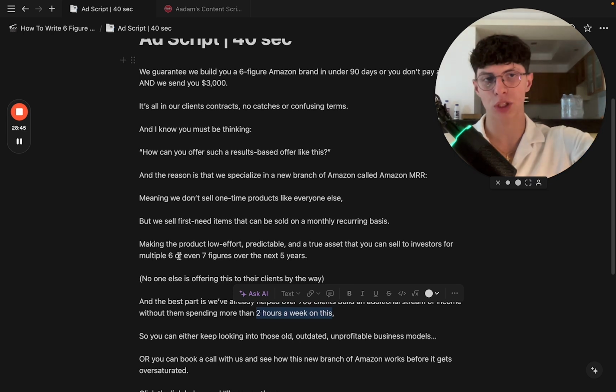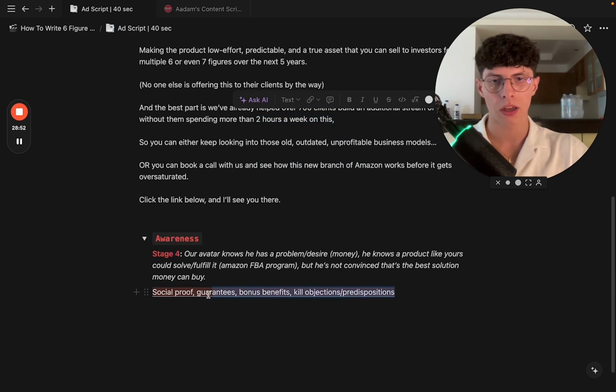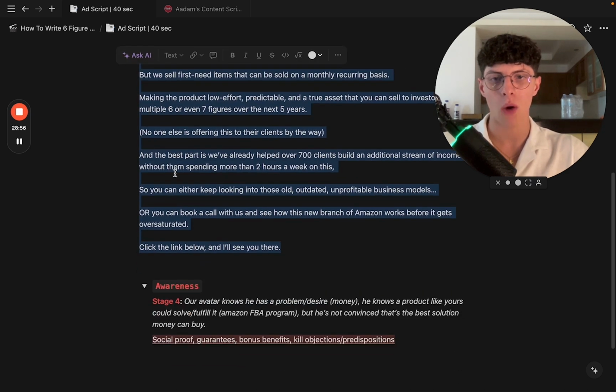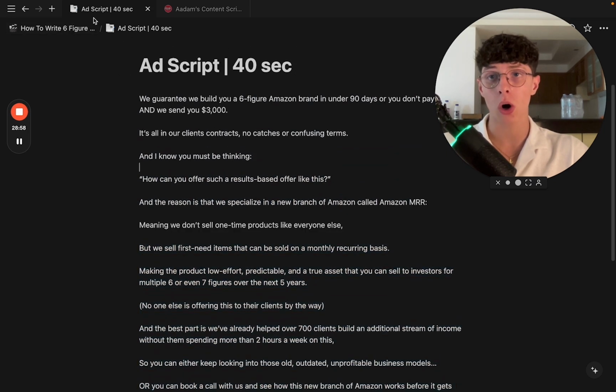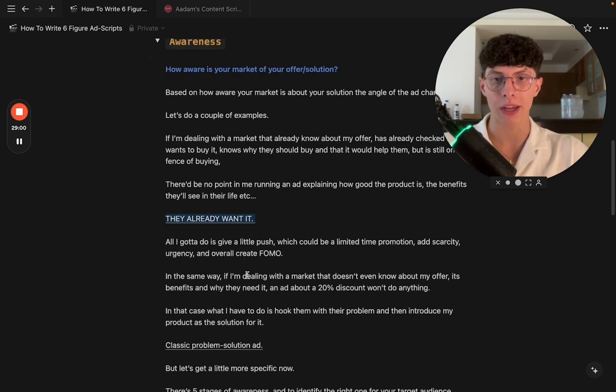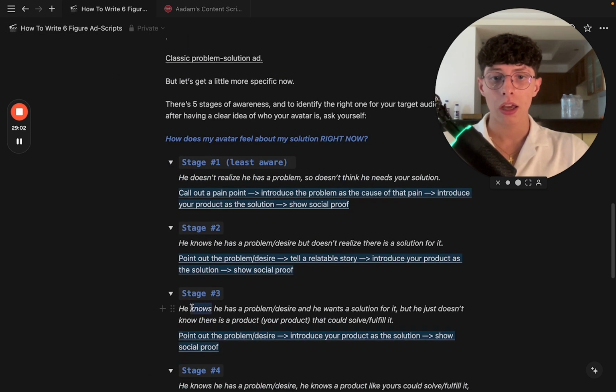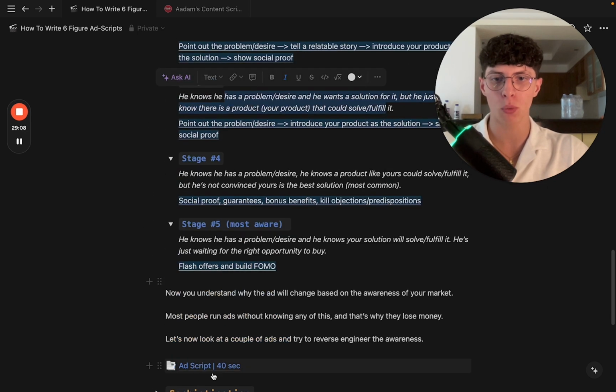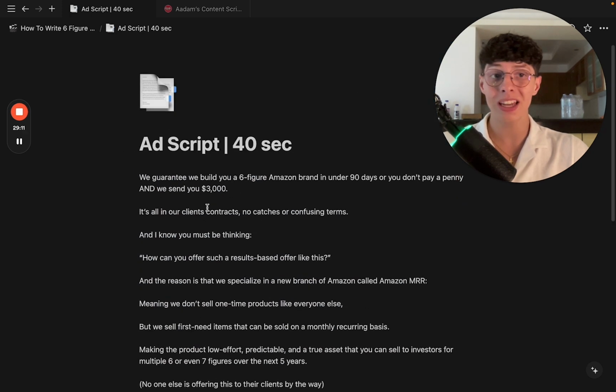We're going to see the predispositions of this specific target audience later, but you see how if you simply read these, you would know that this is awareness stage number 4. Also, because in awareness stage number 3 we introduce our product as the solution. But if you read the sample we just read, we didn't even introduce it.